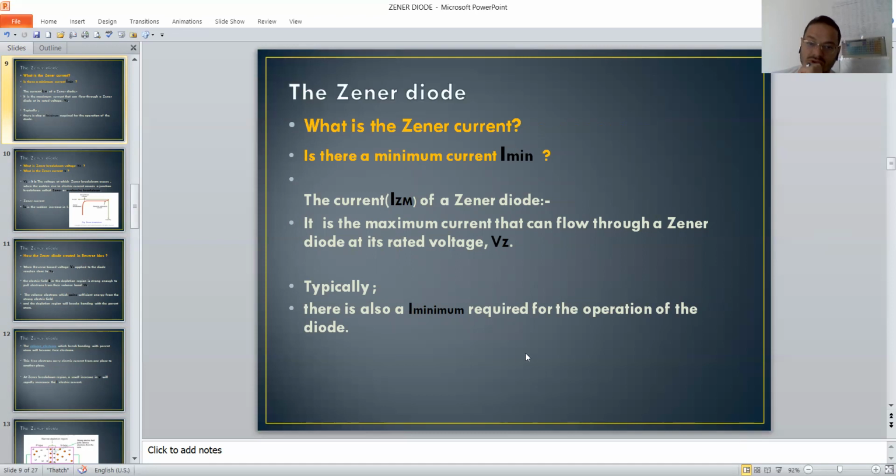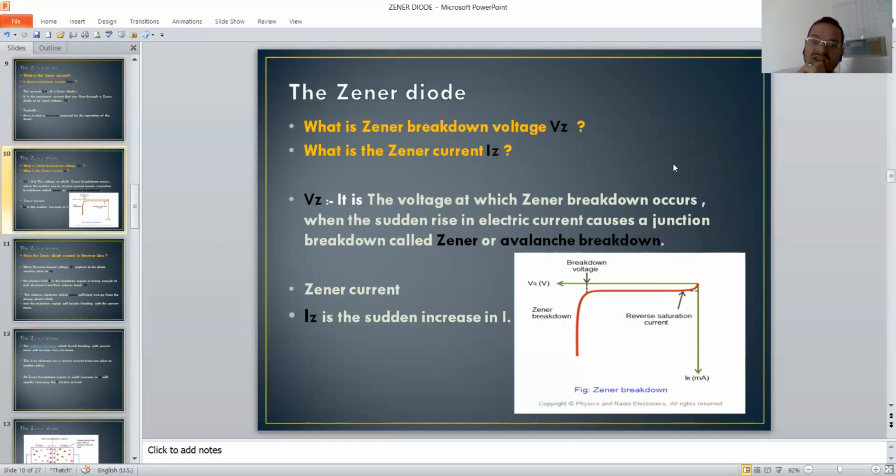There is also a minimum current required for the operation of the diode. That means the characteristics, or yes, the features of this diode will select the amount of the minimum current, the kind of diode.